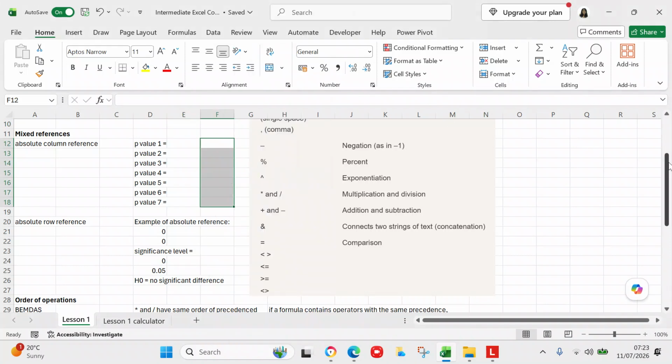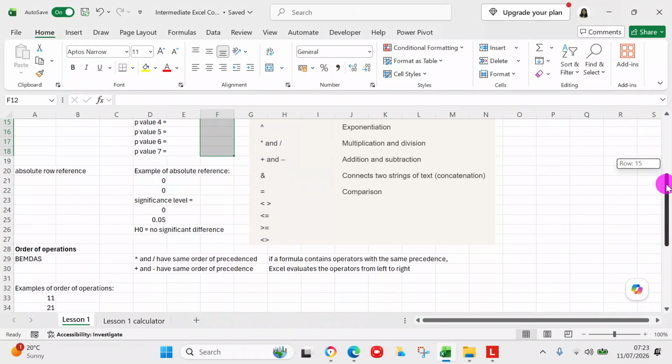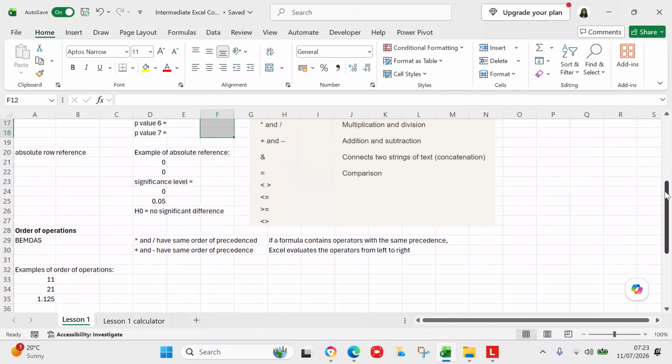Now we're going to do the absolute row reference. The absolute row reference is similar to the absolute column reference, except that instead of having an absolute column, you're going to have an absolute row. So here you say A$2.